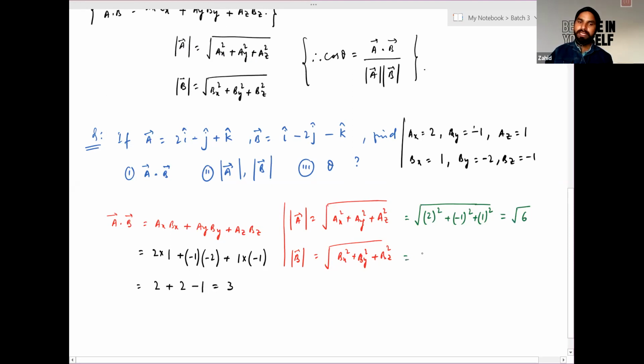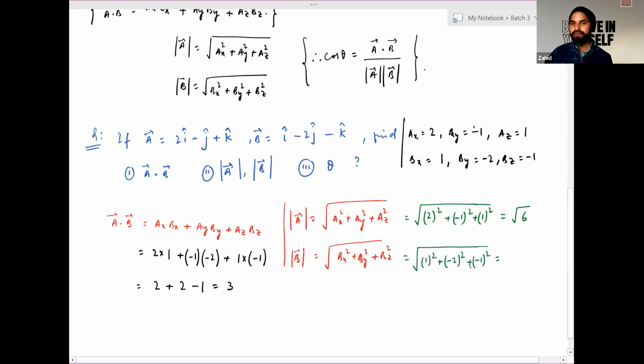Similarly, if you put all the values in the second part, you will get bx is equals to 1, by is equals to -2, bz is equals to -1. So 1 on squaring it will be 1, -2 on squaring would be 4, -1 on squaring will be 1.